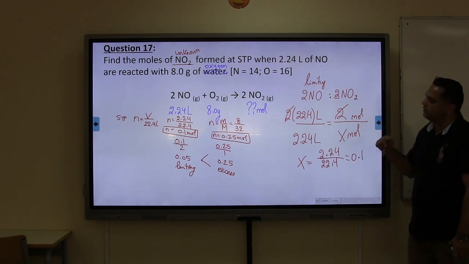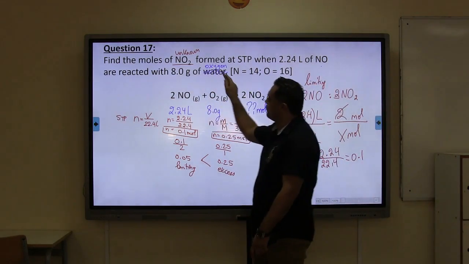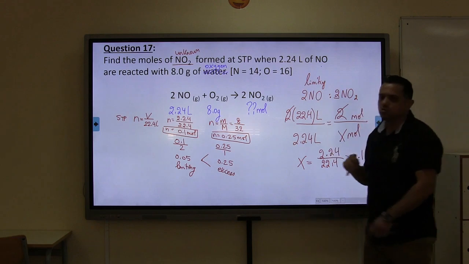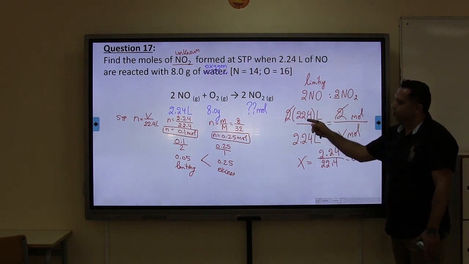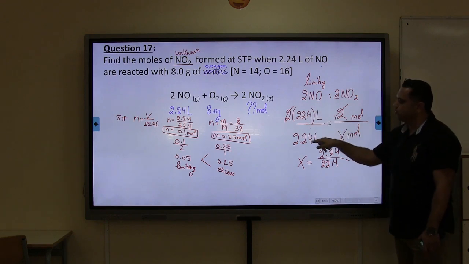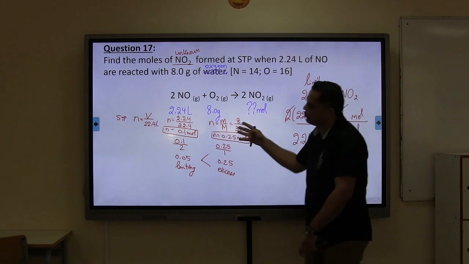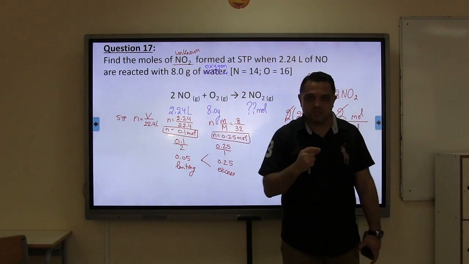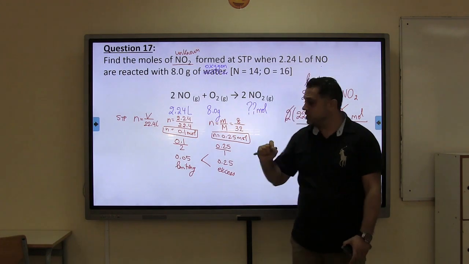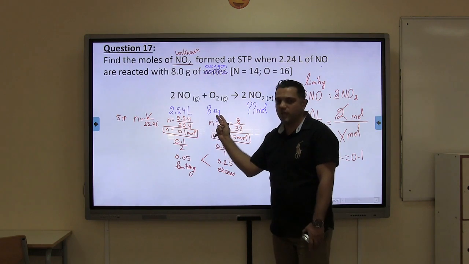If I look here at the given, it is 8 grams of oxygen and 2.24 liters. Even though in the limiting I used 2.24, which is 3 significant figures, when these two react together, the reacted amount will be affected by the least significant figures. And O2 here is 2 significant figures, 8 grams, 8.0.